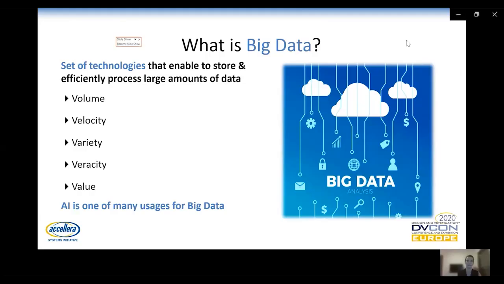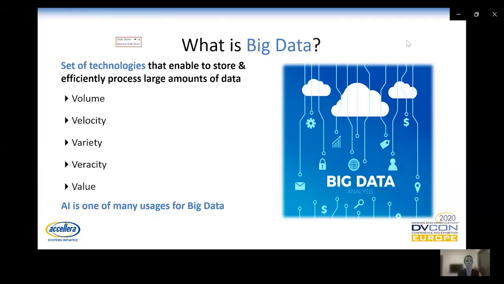There are cases where the data is being generated at a very high pace, and we have a huge amount of data that is being generated in a very short time period. The third one is variety, the types of the data. It could be structured data, it could be text, audio, images, video. So all of those are considered to be big data.